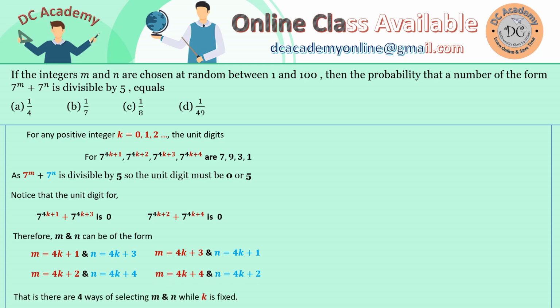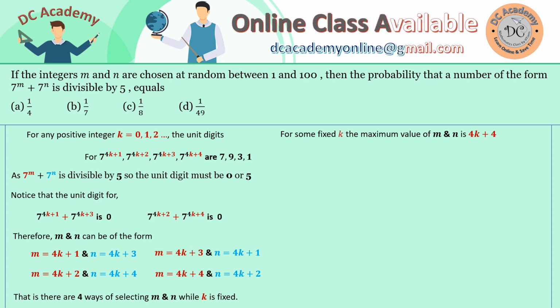So we can say that there are 4 ways of selecting m and n if the k value is fixed. Now our next job is to find how many k's are possible so that the numbers m and n lie between 1 to 100. That's the next part. Let's go ahead. For a fixed k, the maximum value of m and n will be 4k plus 4.